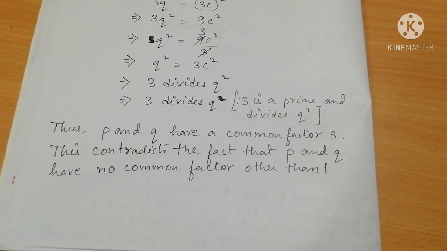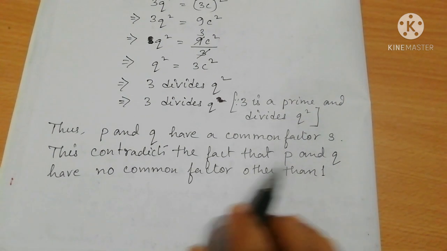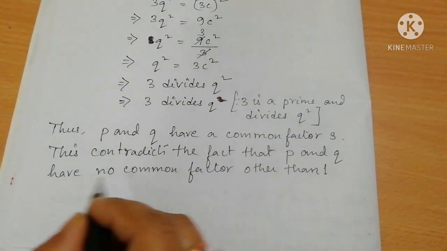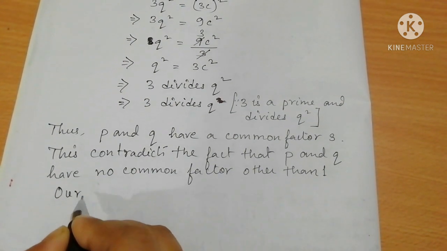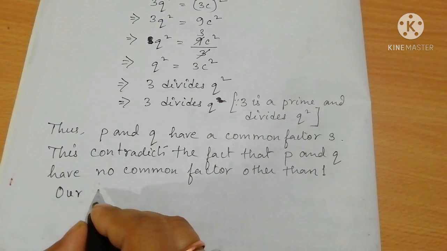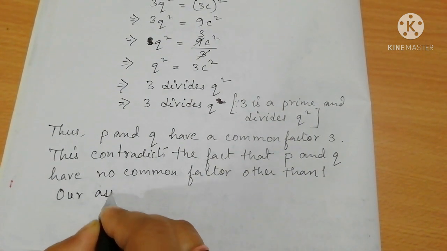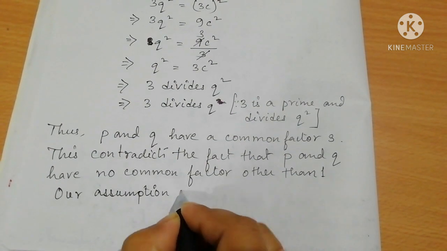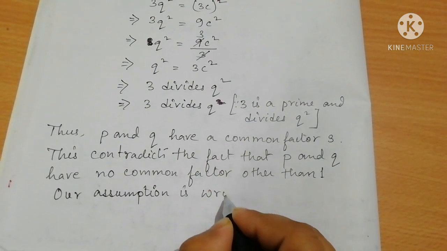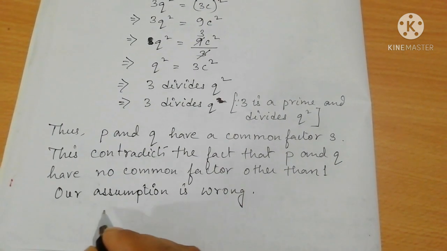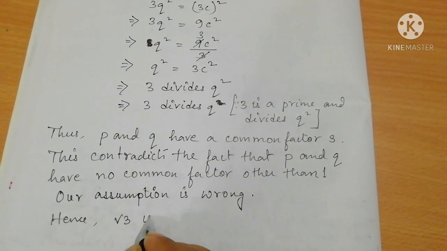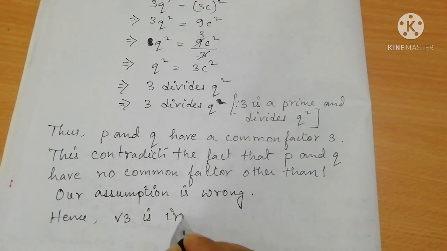So this contradicts the fact, which means our assumption is wrong. We have assumed that root 3 is rational, and that was our assumption. So our assumption is wrong. If our assumption is wrong, hence root 3 is irrational.